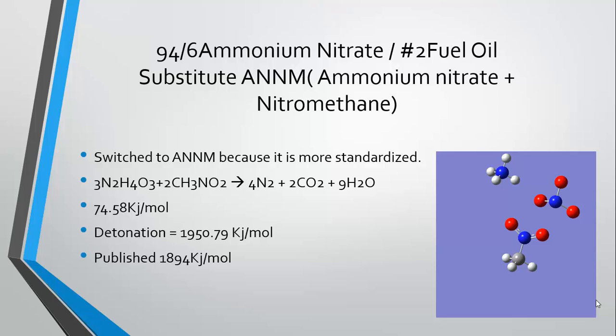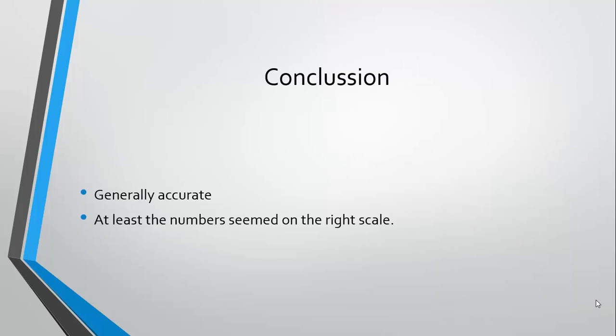So I think that translates more into the kilojoules per mole. And as you've seen Oklahoma City and Texas City and other bombings that have used this kind of thing, you can see how effective that ammonium nitrate with really any type of fuel can be, or any type of oxidizer can be.